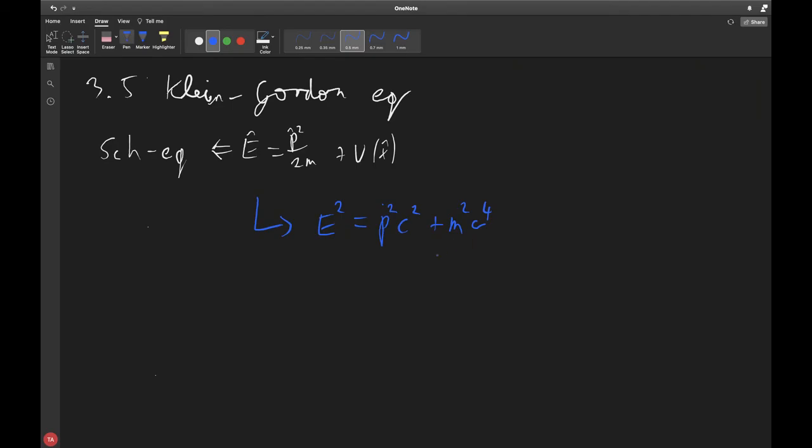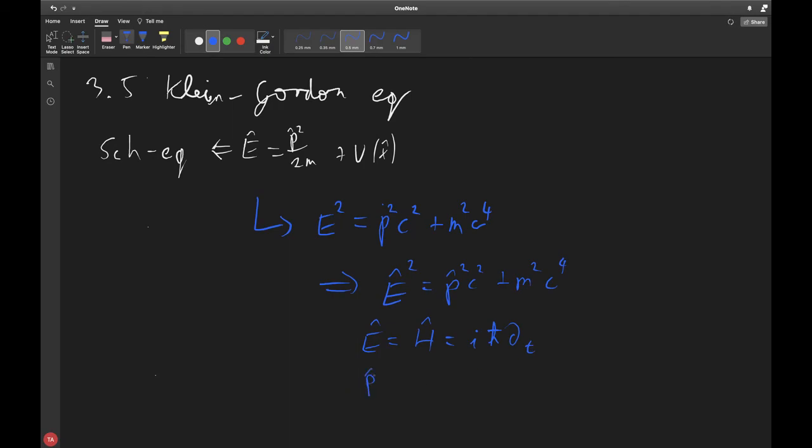So we could move this to the same way that we create the energy operator squared, the P operator squared, c squared plus m squared c to the power of 4. And we can use the same thing that the energy was measured with the energy operator, which is the same as the Hamiltonian operator, is the i h bar and the derivation by time.